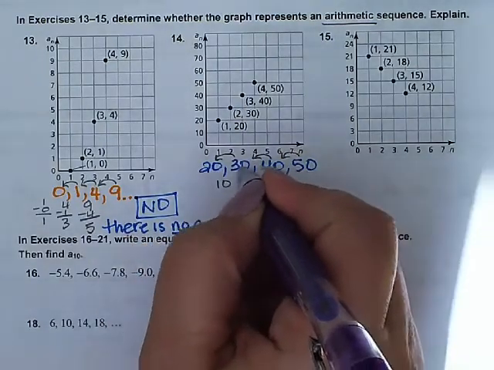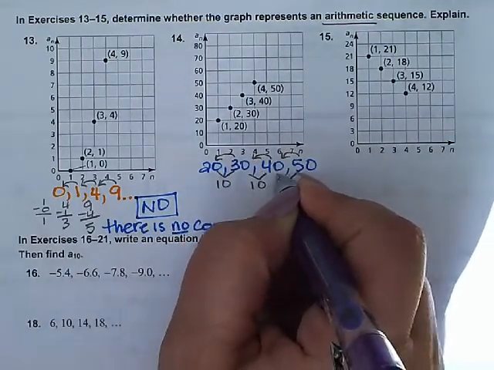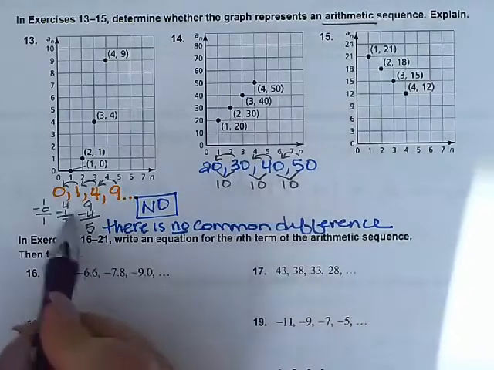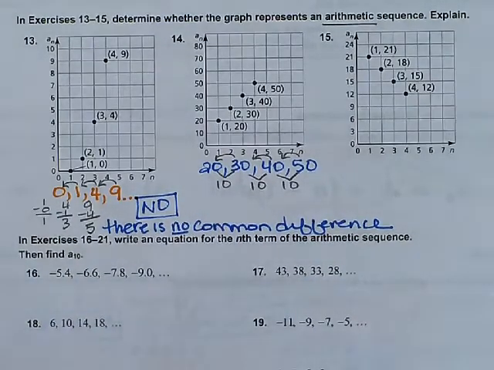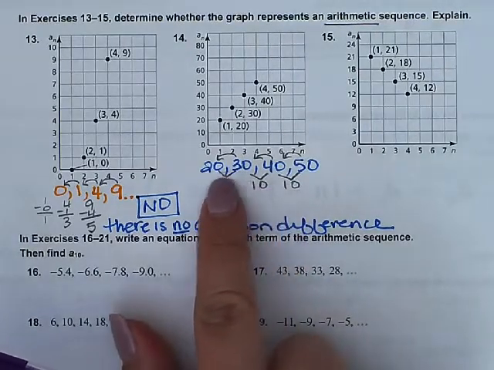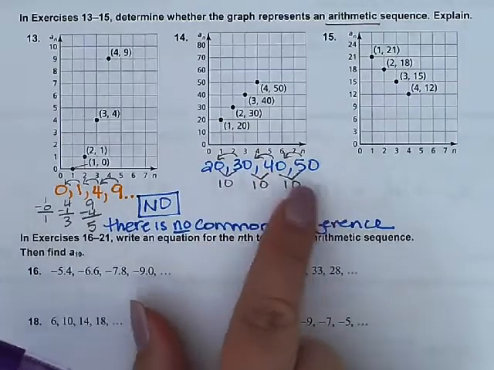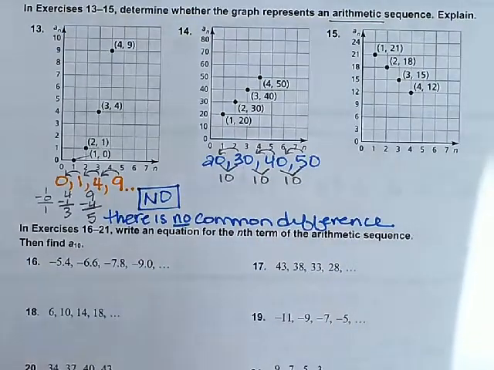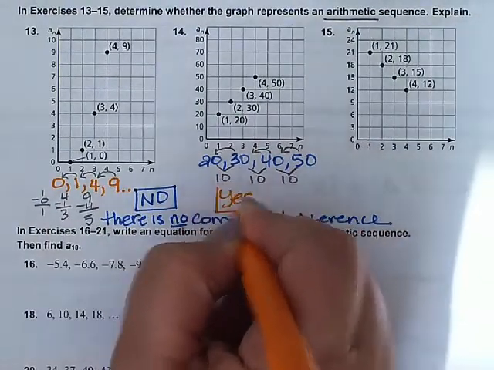Okay, 40 minus 30 is also 10. 50 minus 40 is 10. I'm showing that difference in different ways, so you can decide which one you like better. Either way, this does have that common difference. Okay, so the difference between my values is the same every time. It's always a difference of 10. That means it's going up by 10, right? So I could answer this question with a very comfortable yes on this one.